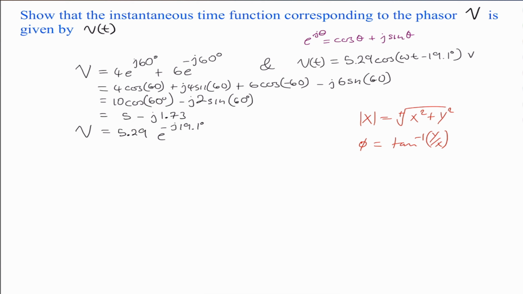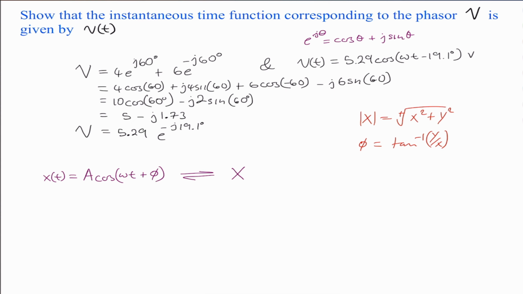We can then convert that back. The relationship between the time domain and the complex counterpart of the function is that if we have a signal x of t equal to an amplitude A times a positive cosine of omega t plus phi, we can transform that to the phasor domain.